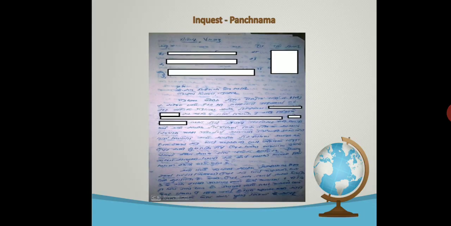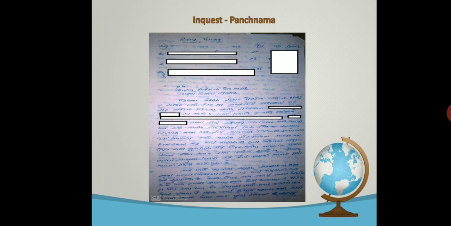Then this is the inquest panchnama. In the inquest panchnama, two panchas are present with the particular case and the dead body, and everything is recorded: where the dead body was found, which injuries are present on the body, which ornaments and clothes are present.